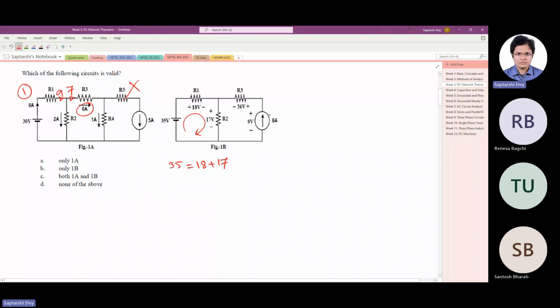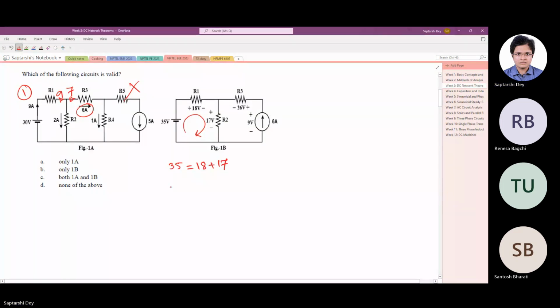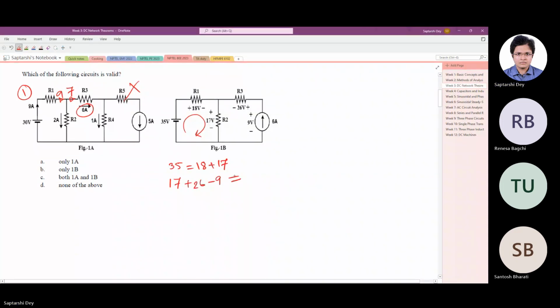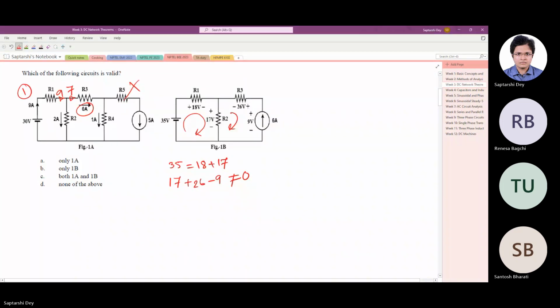And if we apply KVL in the other loop, it should be increase of 17 plus increase of 26 minus 9. This is not equal to 0 in this loop. Right? So this circuit is also not correct. Now, any doubt?